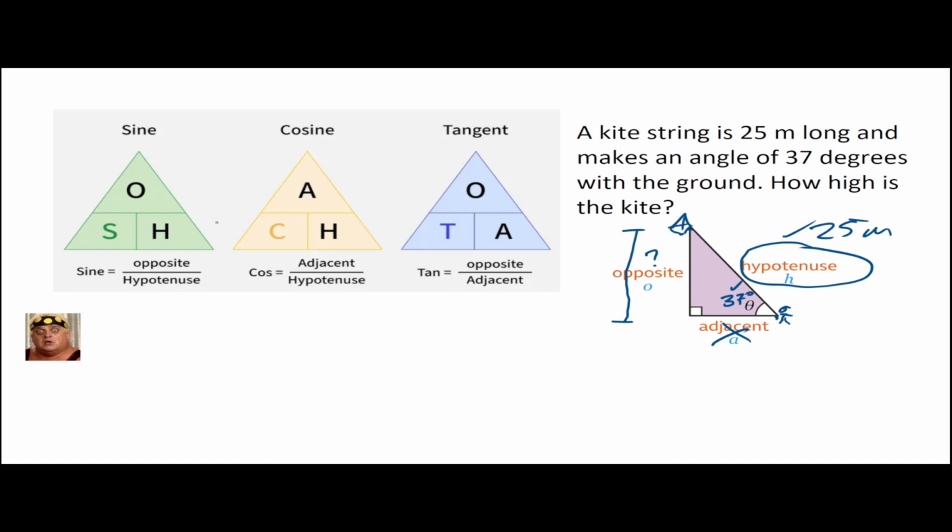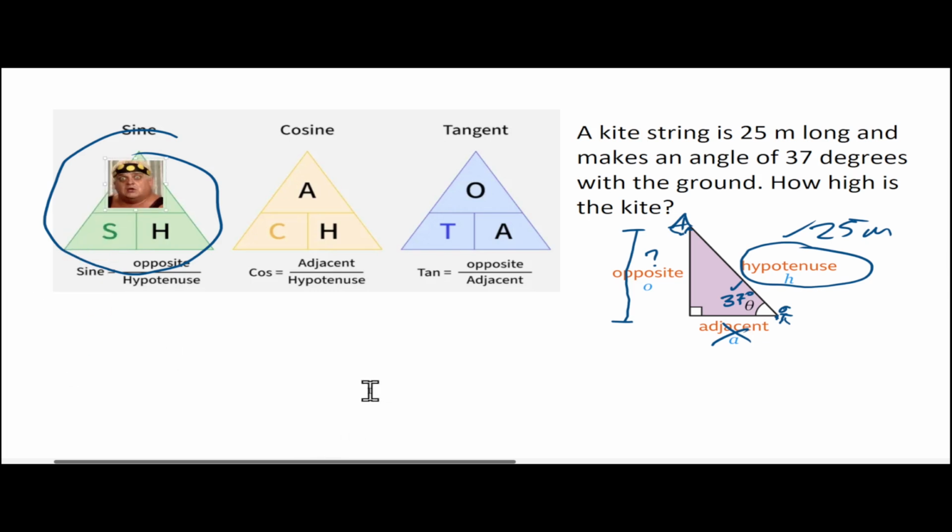Hypotenuse and opposite means we're going to be using sine. We're not looking for the angle theta, we've already got it, so we're going to be using just the normal equation. We're looking for the opposite side. So we're going to move Dusty up here over the opposite side, and we can see that it's going to be equal to sine of theta times the hypotenuse.